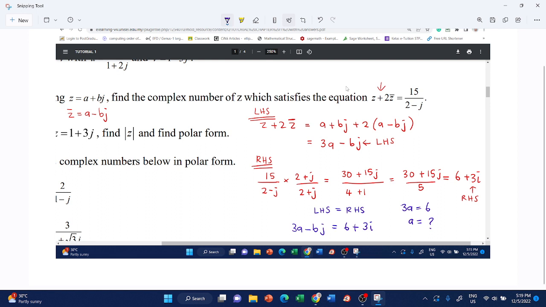Negative bj equals to 3j. Okay, so I just have negative B equal to 3 lah because J is equal to J kan? Yes. So you have B equals to negative 3. So that's your answer. Okay.